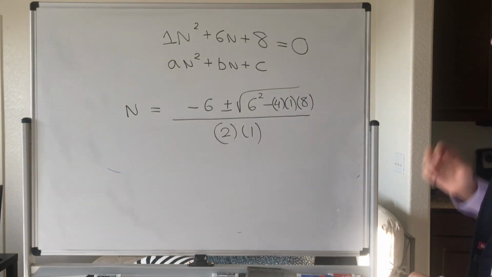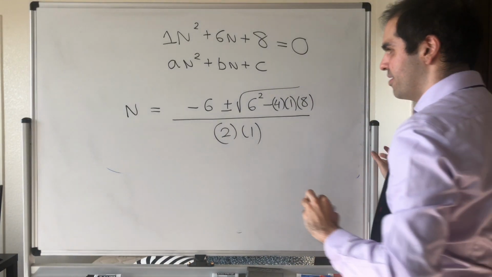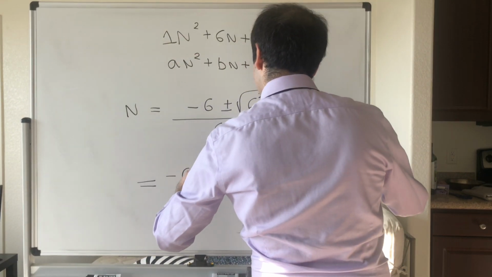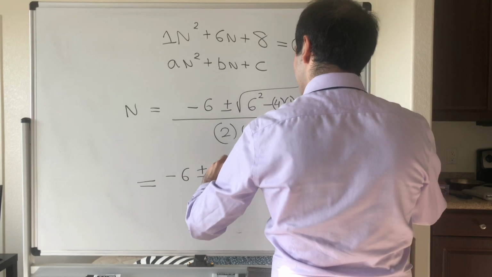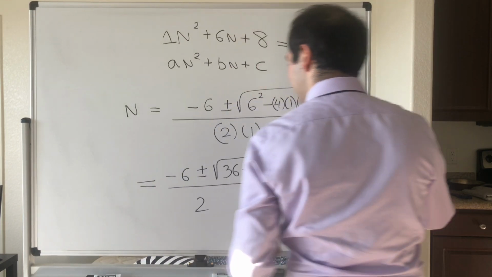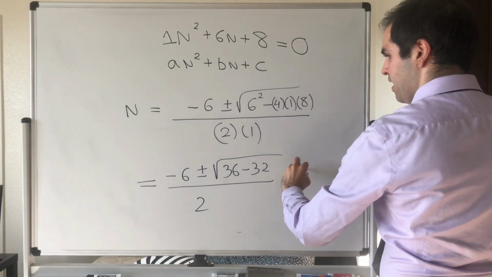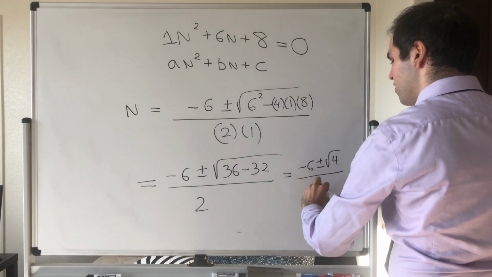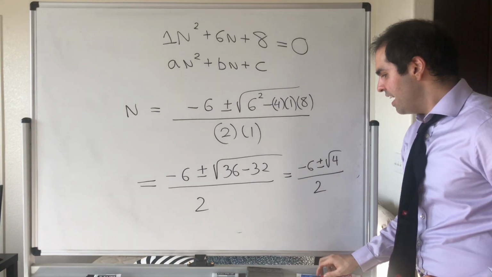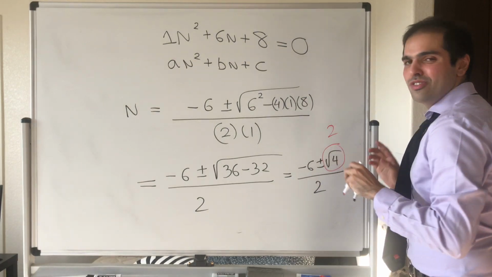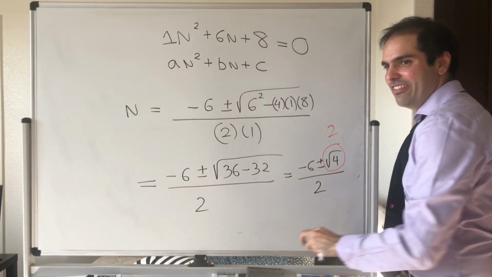I got scared for a second, but that becomes minus 6 plus or minus the square root of 36 minus 32, divided by 2. That is minus 6 plus or minus the square root of 4, over 2. The nice thing is the square root of 4 is just 2. We're super nice today. We don't give you ugly square roots.